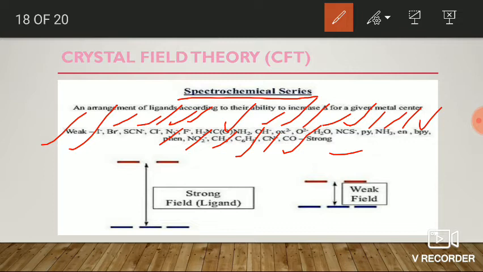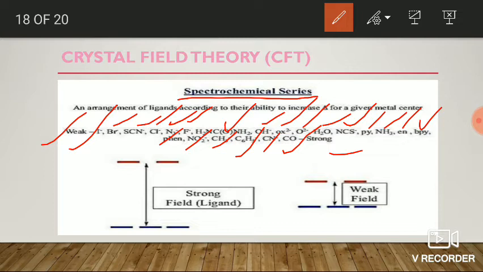Here the strong field ligands are generally carbon monoxide and cyanide, which have similar energies. The strength is approximately the same, that is, carbon monoxide or carbonyl ligand and cyanide ligands have high field strength. They are the strongest field ligands among all the available ligands.